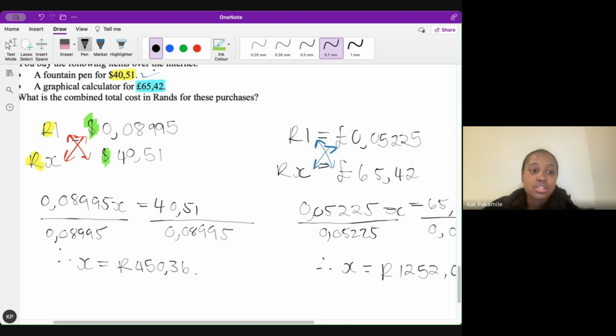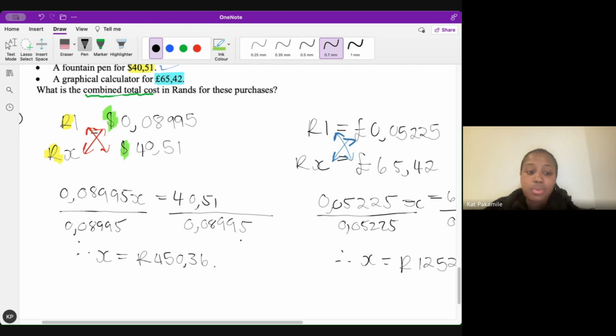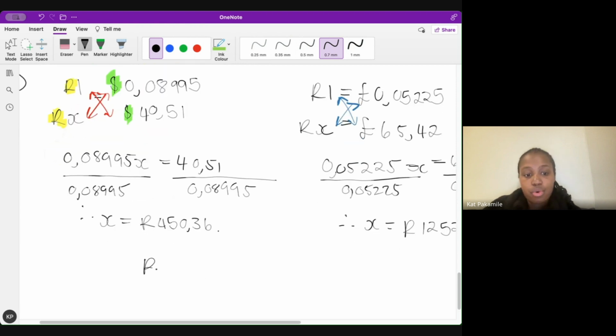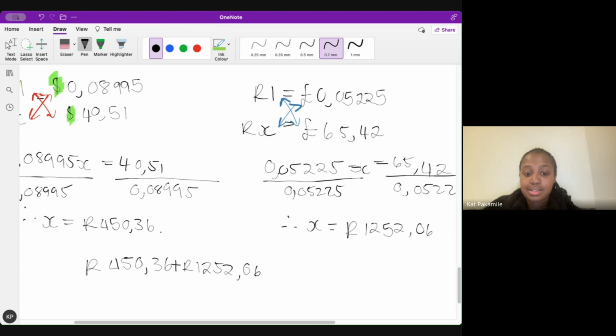Now, they asked us for the combined total in rand. So what do we have to do with our two amounts? We have to add them. So it's 450 rands and 36 cents plus 1,252 rands and 6 cents.